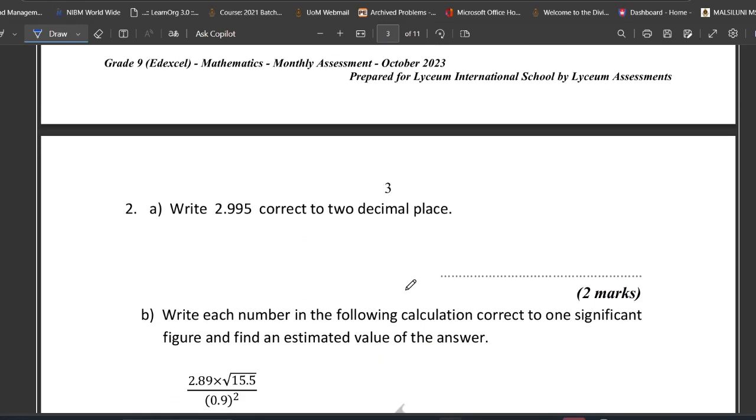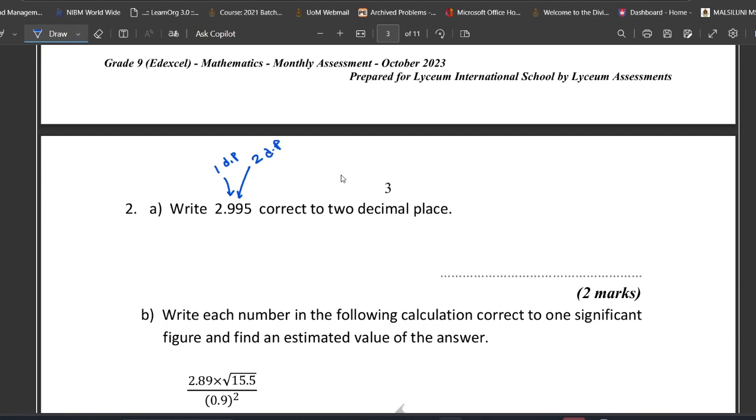And then the second question, they say write 2.995 correct to 2 decimal places. So correct to 2 decimal places means this is our first decimal place. This is the second decimal place.